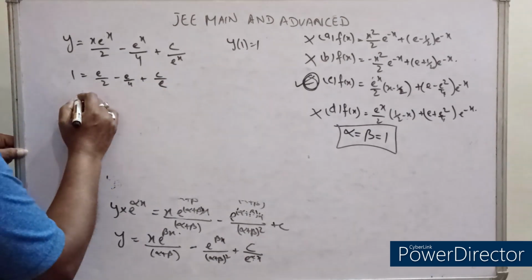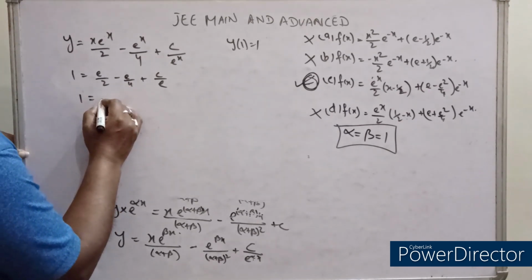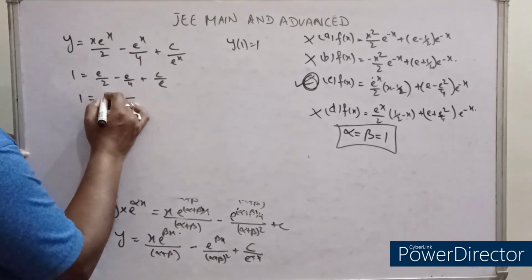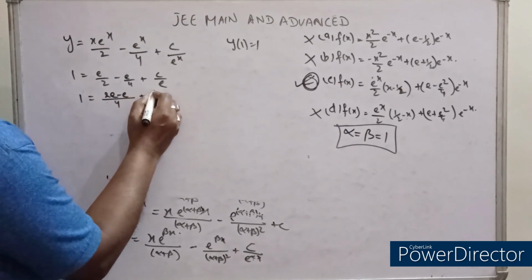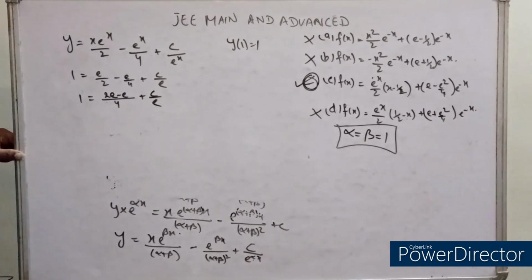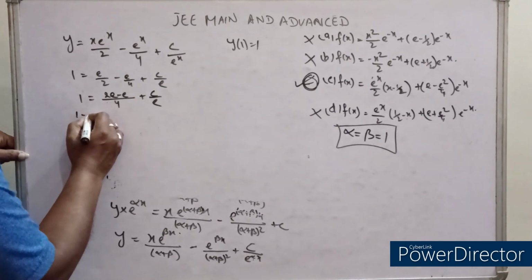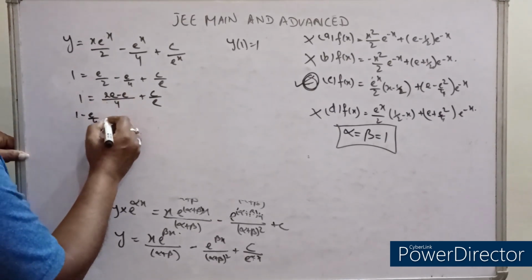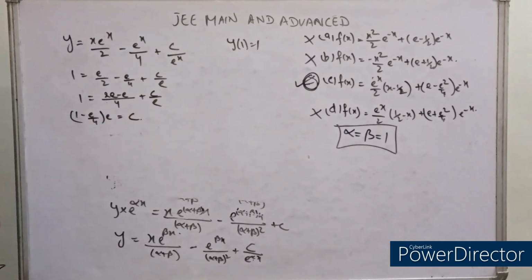So 1 equals, your LCM will be 4, so (2e minus e) by 4 plus c by e, so (1 minus e by 4) into e is equal to c.